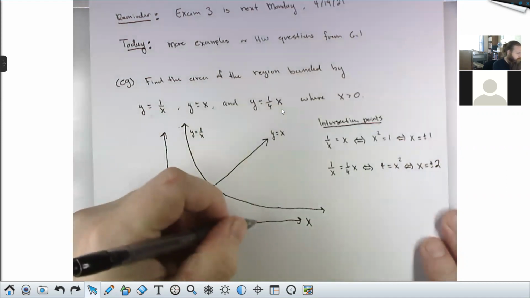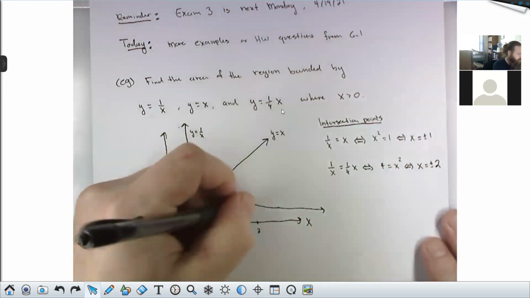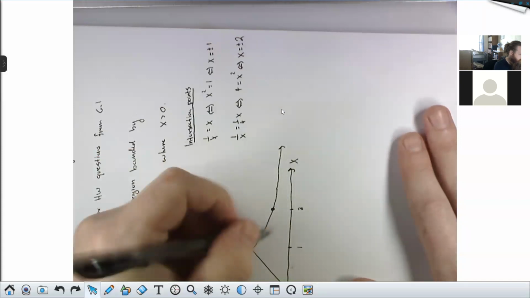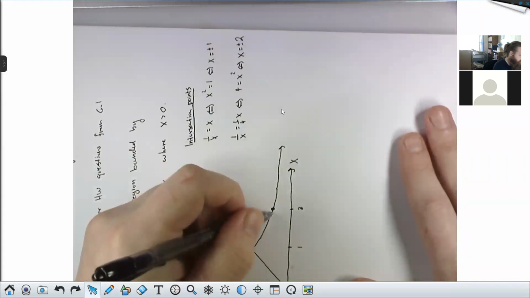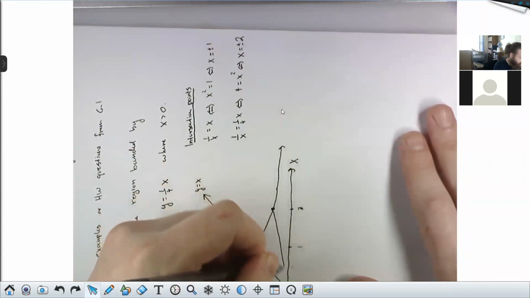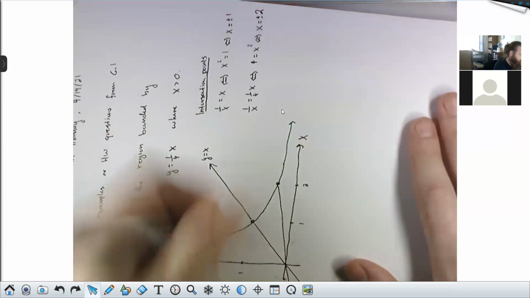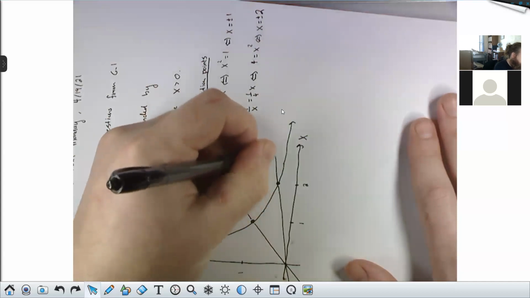So if I mark this over here as 2, that's where 1/4 x is going to smack into 1 over x. So 1/4 x also goes through the origin. Something like this.